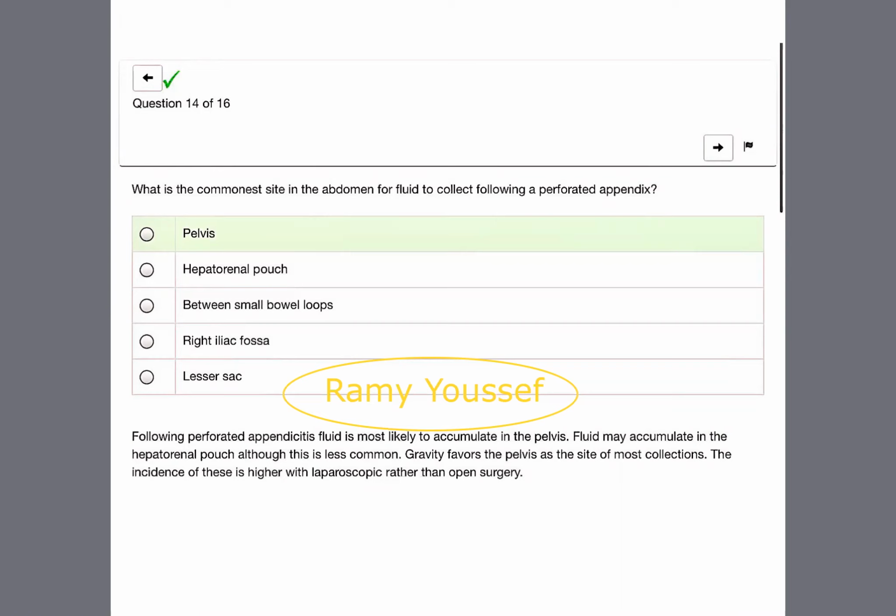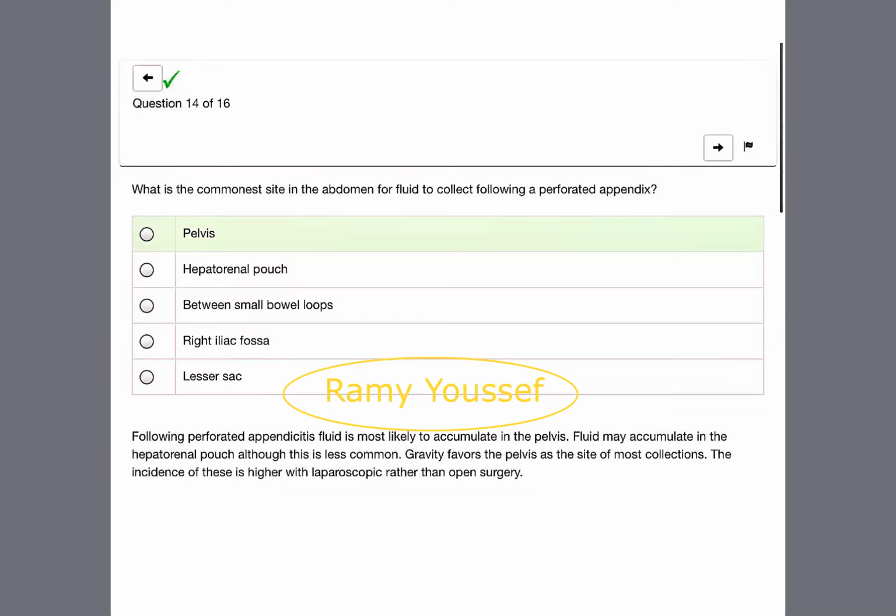The other place where it commonly collects, in a supine patient, is the hepatorenal pouch, or Morison's pouch. So in a semi-sitting or standing patient, the pelvis, and in a supine patient, the hepatorenal pouch.